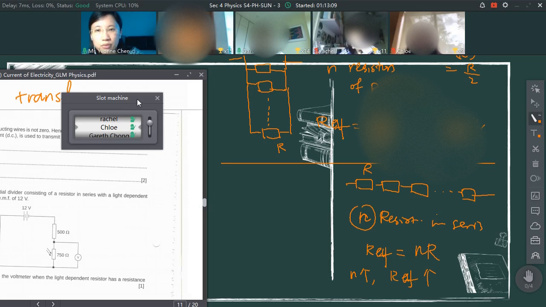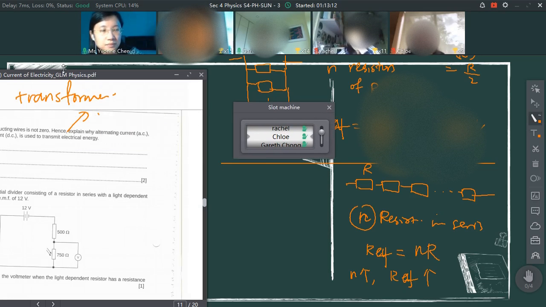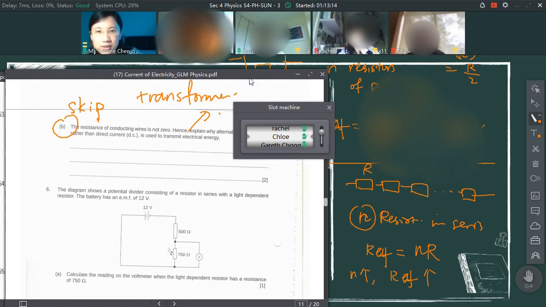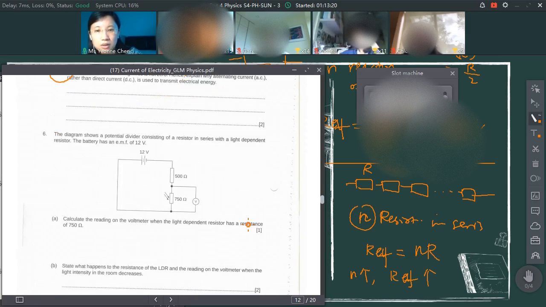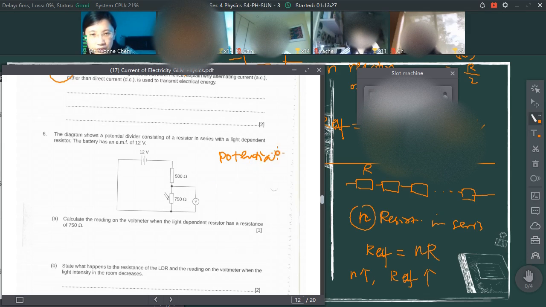Now let's look at question 6. I want you to use the potential divider idea. How do we find the V here?